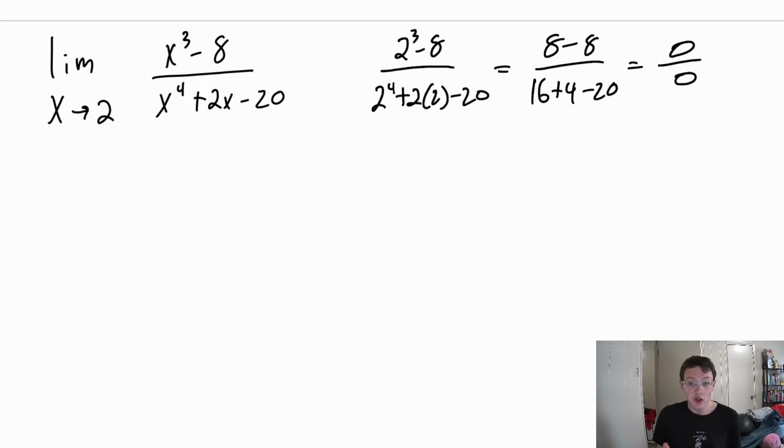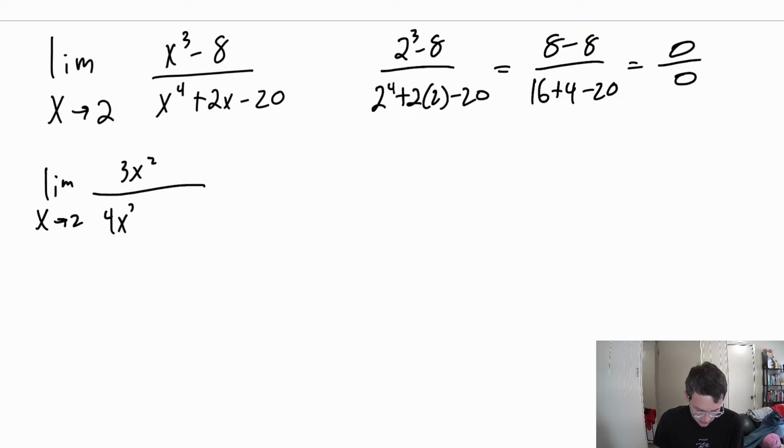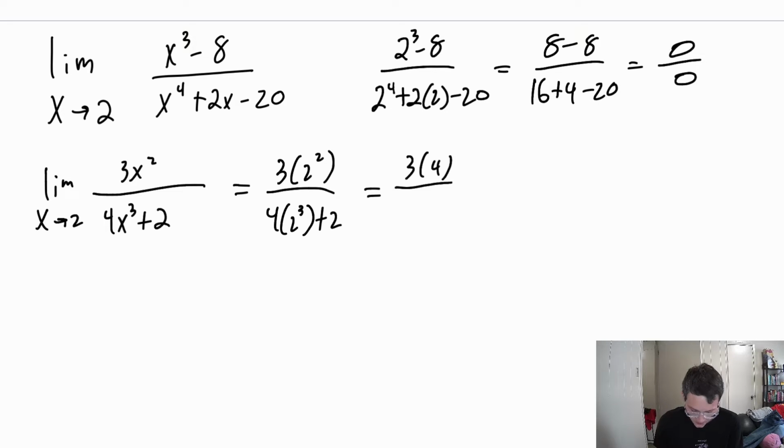So we just have to take a derivative of the top and the bottom. And that means we have the limit as x goes to 2 of 3x squared over 4x cubed plus 2. We can plug in 2 to this. We get 3 times 2 squared over 4 times 2 cubed plus 2, which is 3 times 4 over 4 times 8 plus 2, which is 12 over 34.